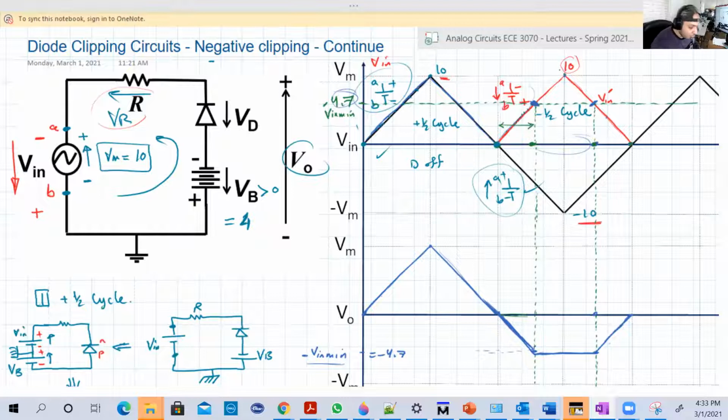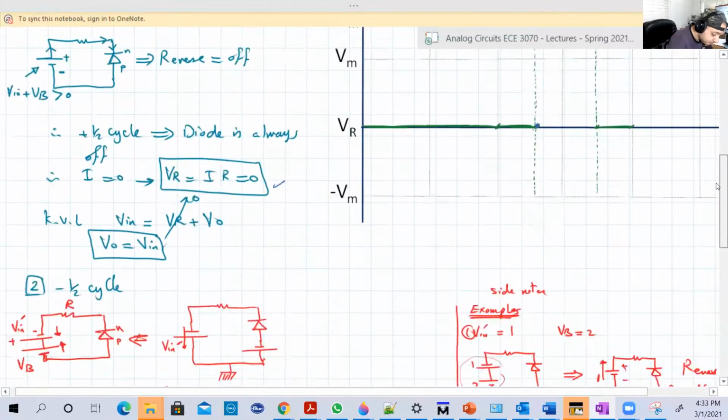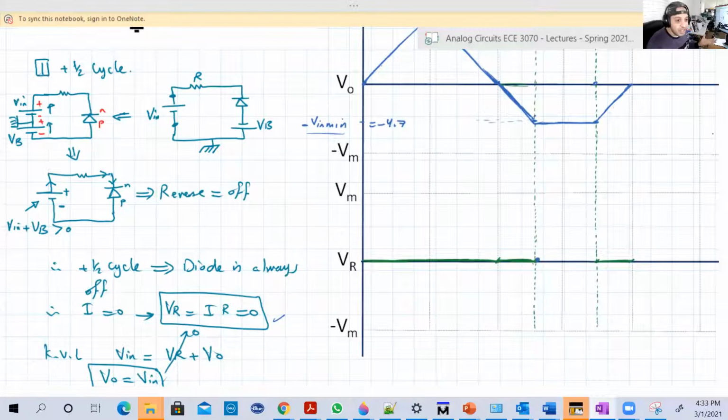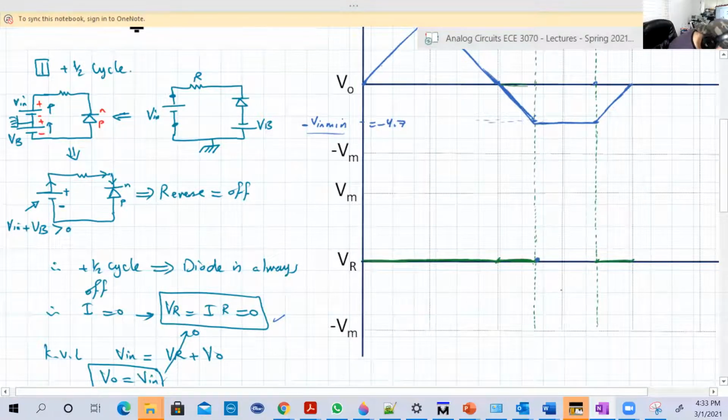Then we add 4.7, so it will be minus 10 plus 4.7, totally minus 5.3. So it is something in minus here. Minus V max plus 4.7, which is minus 5.3.